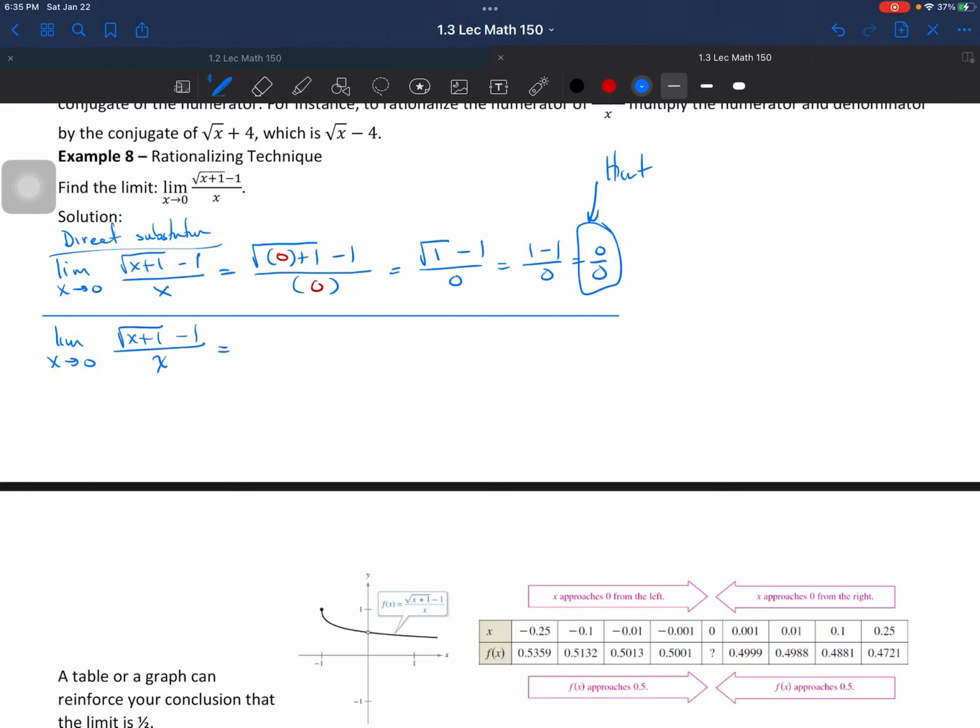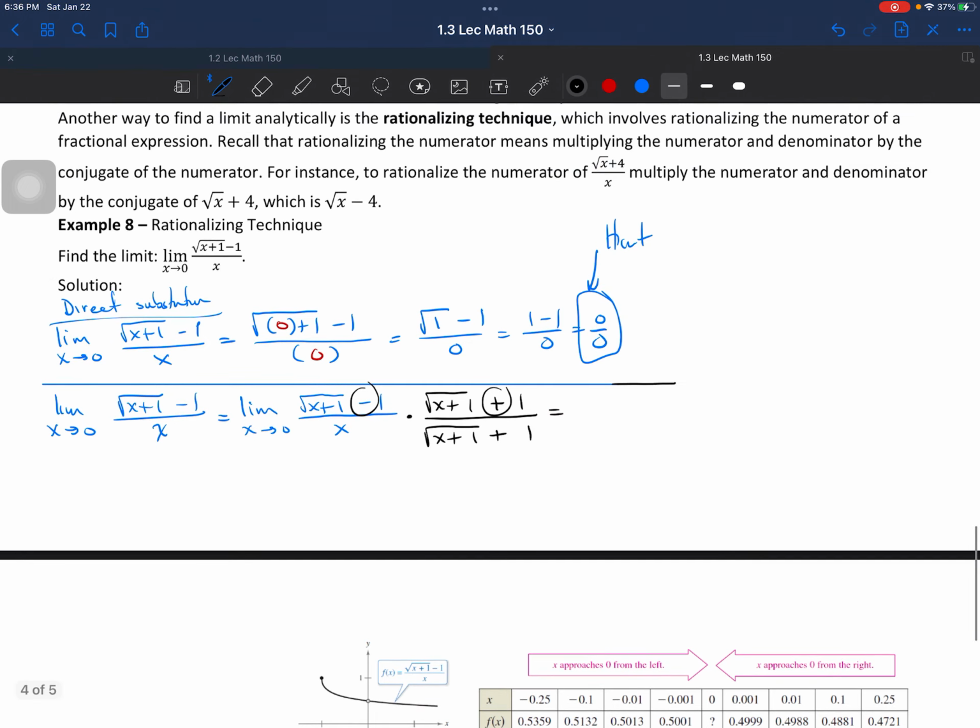What we're going to do is rationalize the numerator, which means multiply the numerator by its conjugate. The conjugate of this is the same thing, except change the sign minus to a plus. Multiply both the numerator and the denominator by the conjugate.